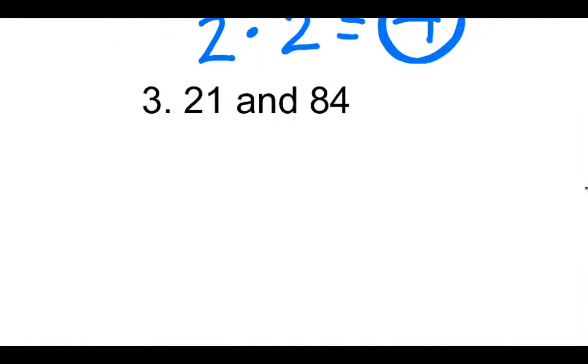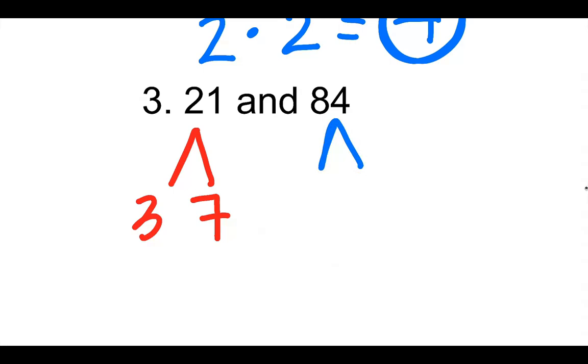Again, if we were to do 21 and 84, I could break 21 down to 3 and 7. And those are both prime, so I'm already done with that one. Then I could break 84 down. I know it's divisible by 2 because it's even, so 2 and 42.